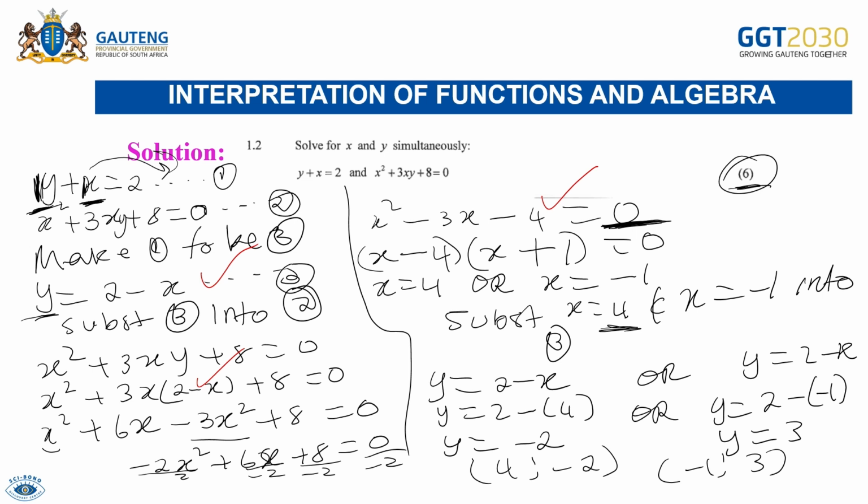Then another mark for factorizing correctly. Then you get a mark for getting your values of x to be 4 and -1. Then another mark for getting the values of y as -2 and +3. Please don't leave a space in this question. Then you get your full 6 marks.